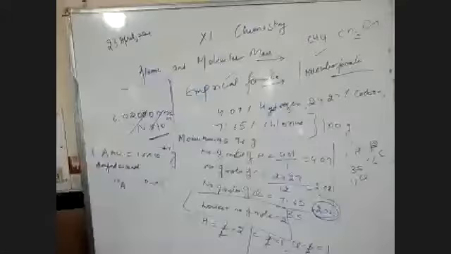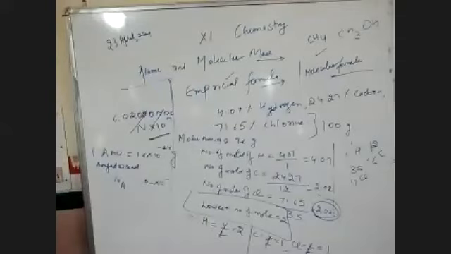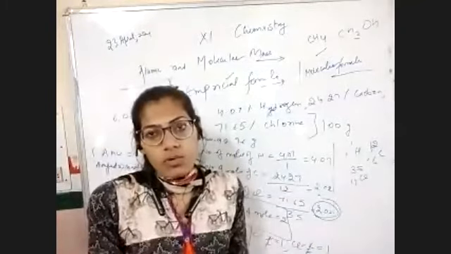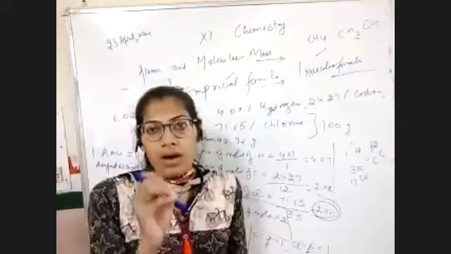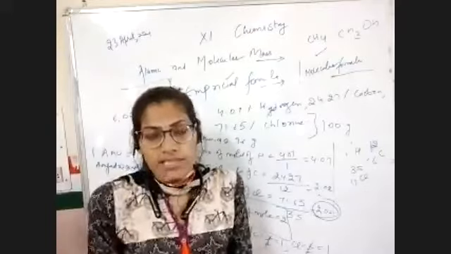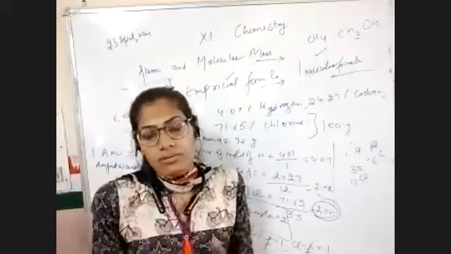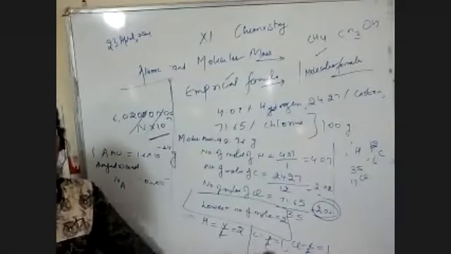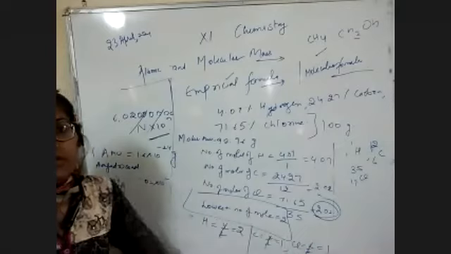Now this is it. This tells us the empirical formula. The empirical formula just gives us a ratio, an idea about how the atoms are arranged in this particular molecule. So we are having hydrogen with 2, carbon with 1 and chlorine with 1.